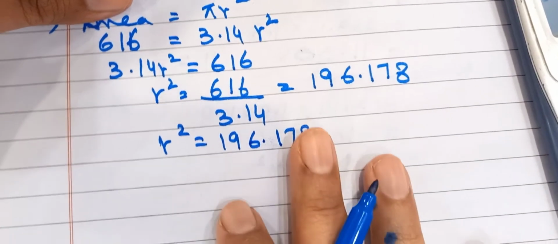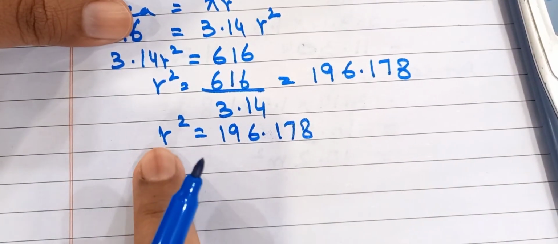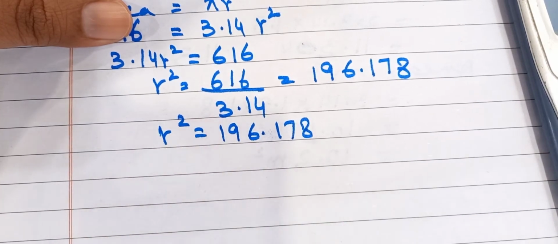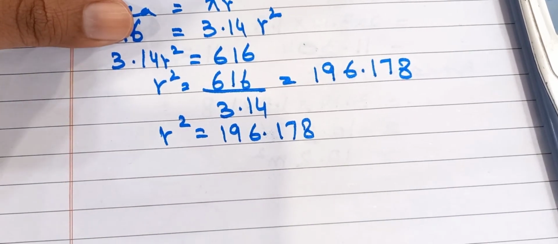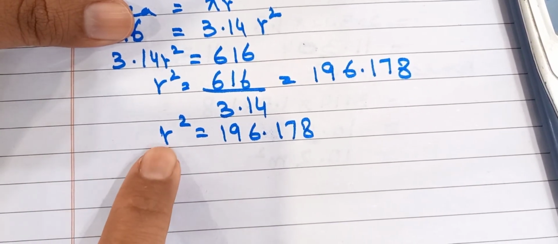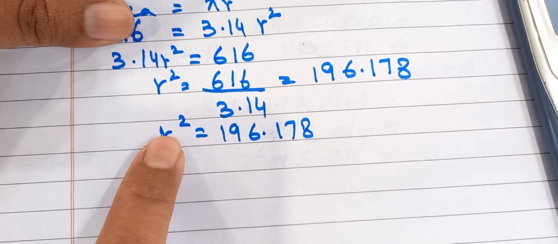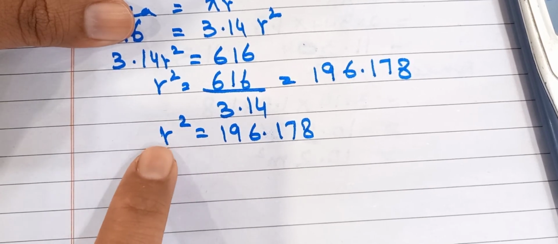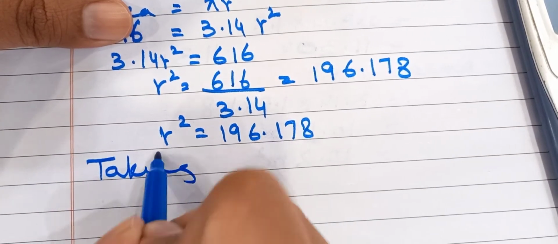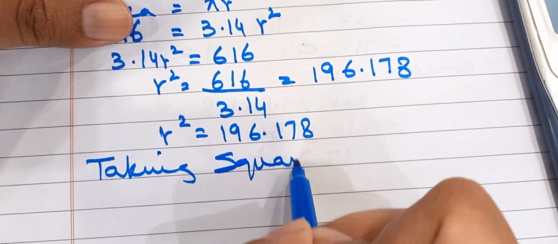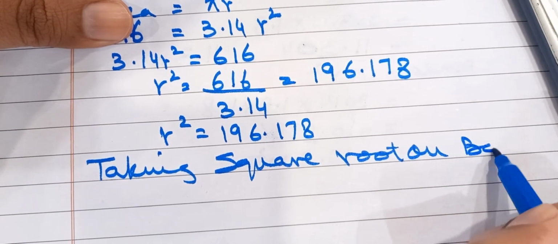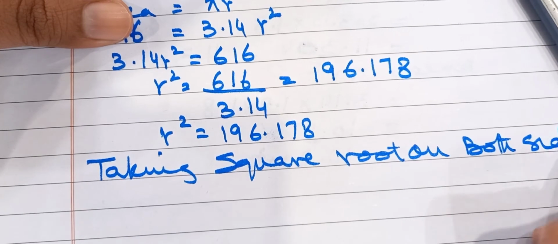Now I need the value of r, not r square. Whenever there is a squared variable and you have to find the value of r, you take the square root on both sides.